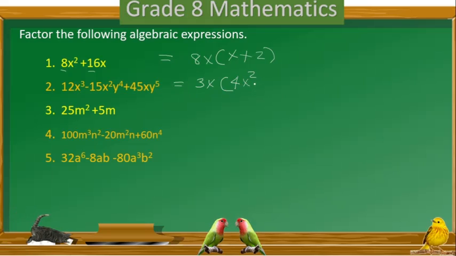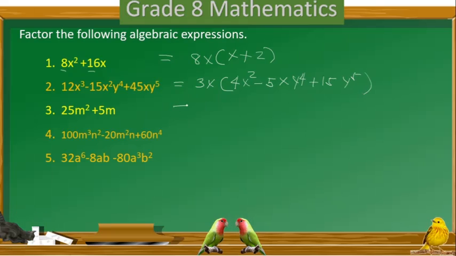Then copy the sign. Then 15x squared y to the fourth divided by 3x, that is 5x y to the fourth. Then copy the sign, positive. Then for 45xy to the fifth, we divide it by 3x, that is 15. Then y to the fifth.